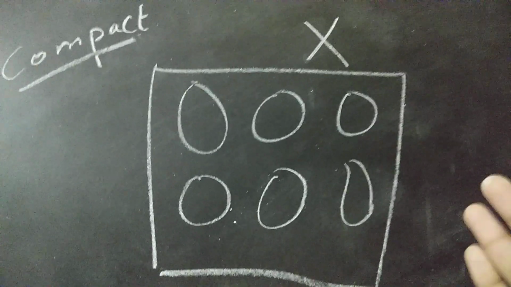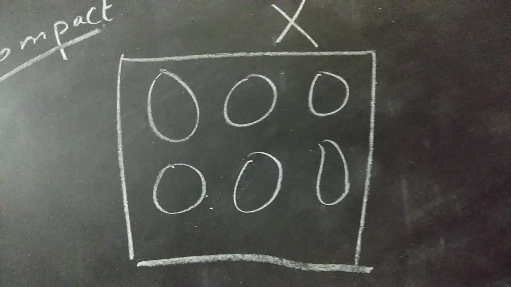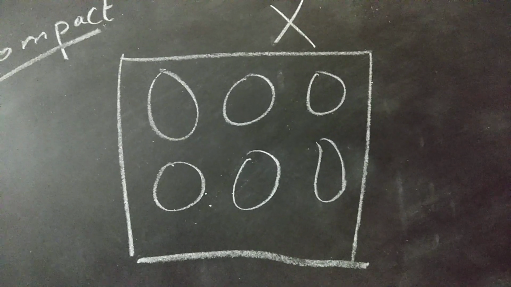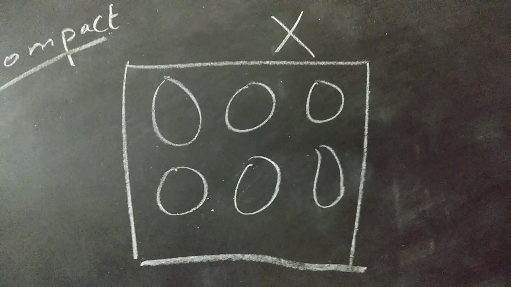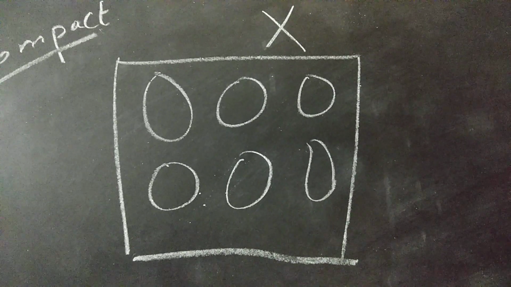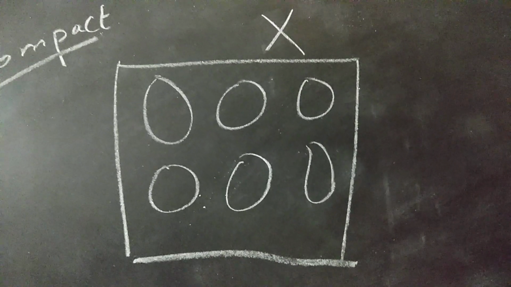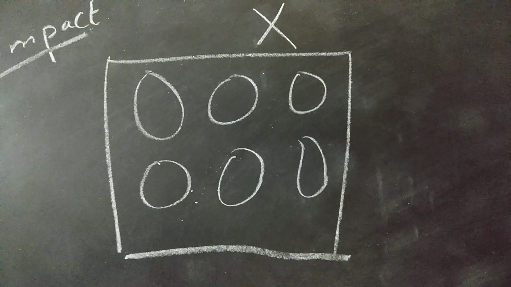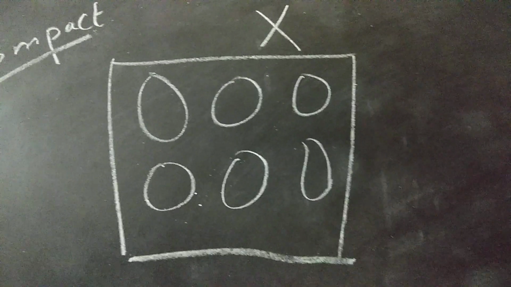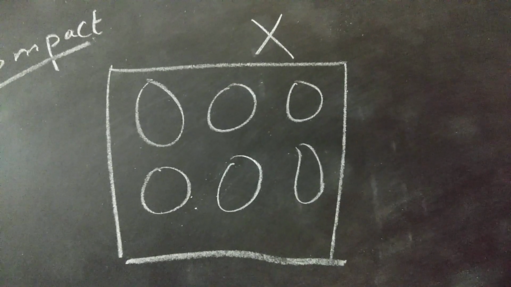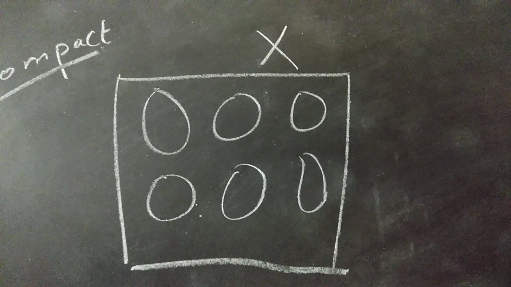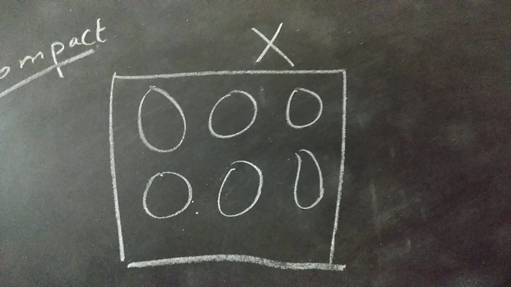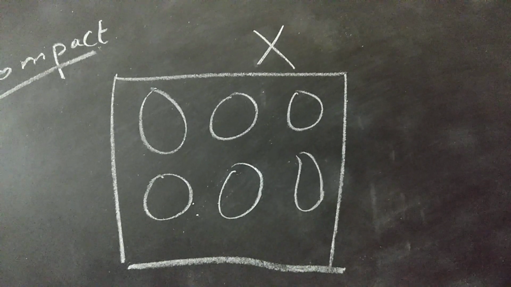Open covering means, if you say script A or B, whatever, is an open covering, it means inside that script A you will have some subsets, and when you find the union of all the subsets present in that script A, that should be equal to X. Then you will say that script A is an open covering.